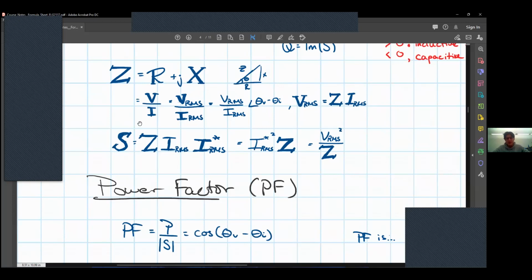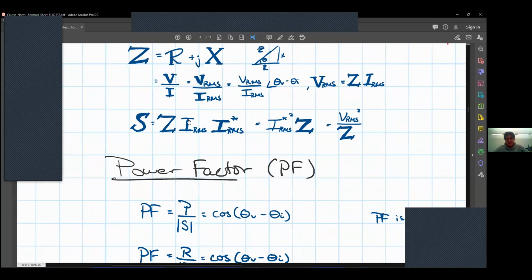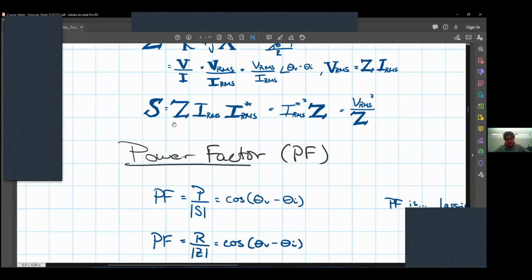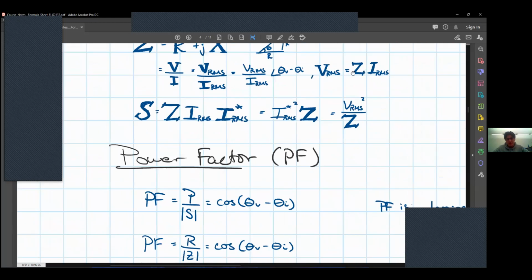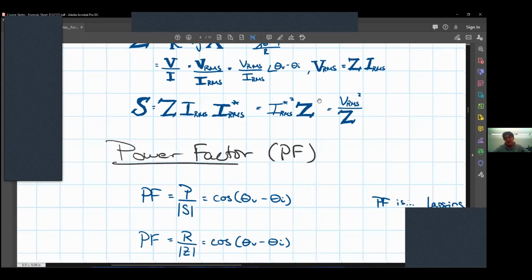As well, you can represent your complex power as simply the multiplication of the impedance and the RMS current times the complex conjugate of the RMS current. Since you're multiplying them, you can actually just skip to having the value of the RMS squared over the phasor of the impedance. So that's just a nice little shortcut if you have those values available.